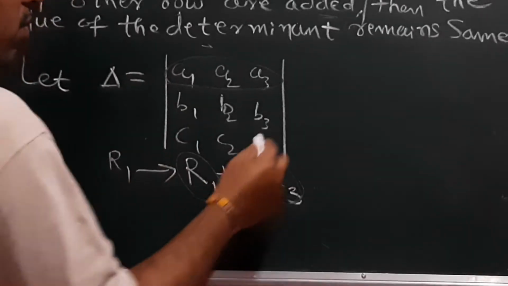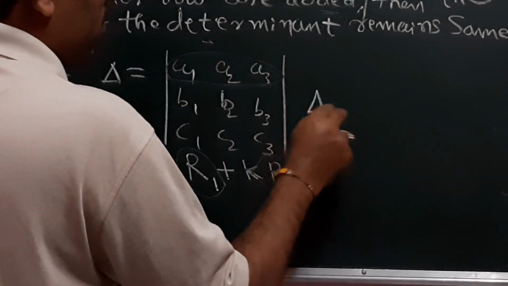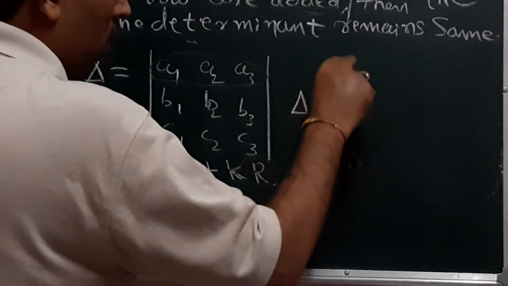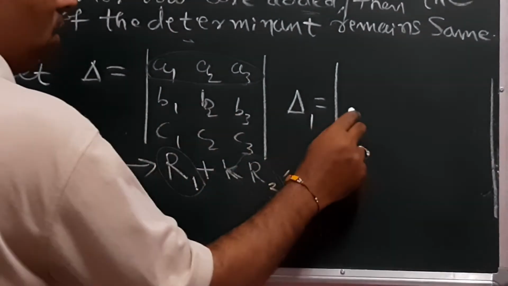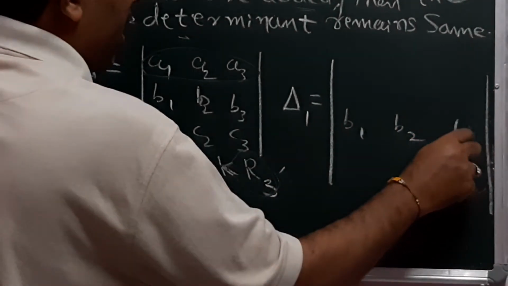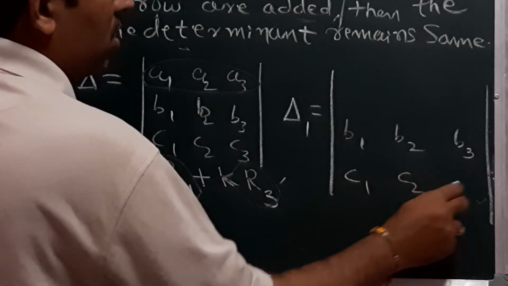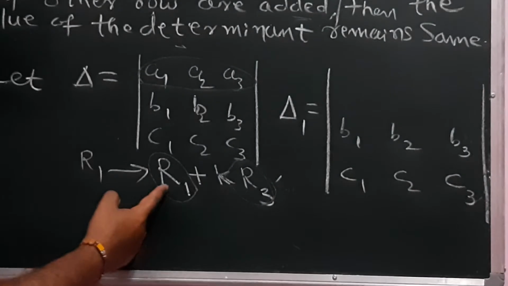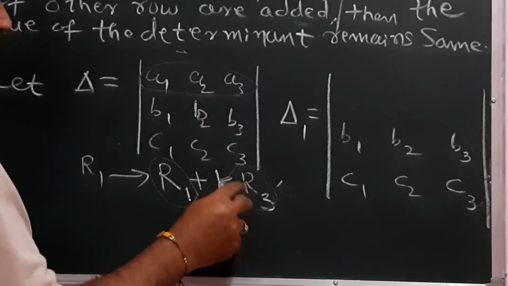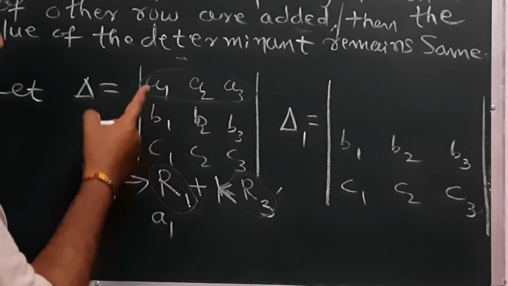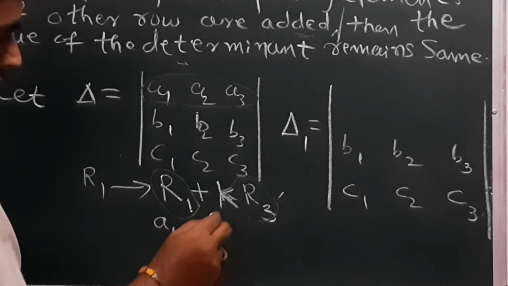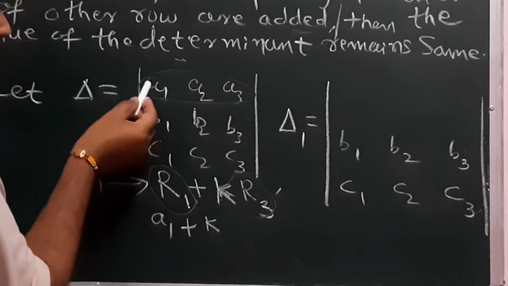So what will be the determinant? Then delta 1 is equal to, so we know this. I am applying on the first row, so the second row and third row will remain the same here: B1, B2, B3, C1, C2, C3. R1 plus some scalar into R3. So R1 is A1, A2, A3. The first element is A1 plus, I am taking the scalar k.